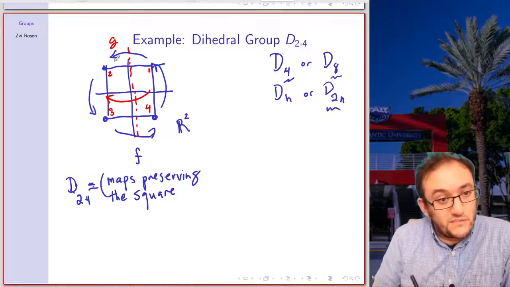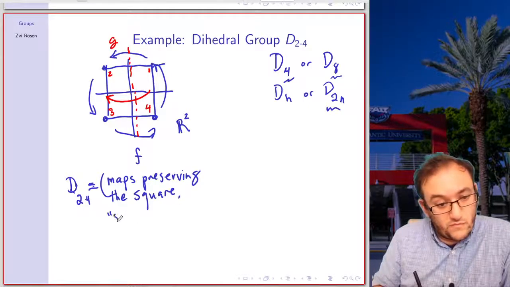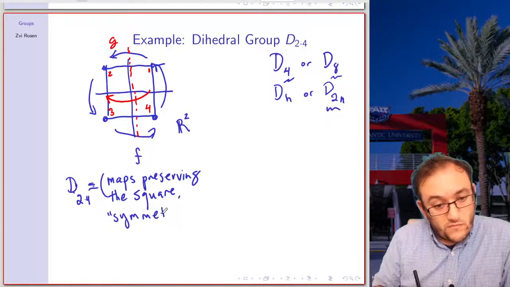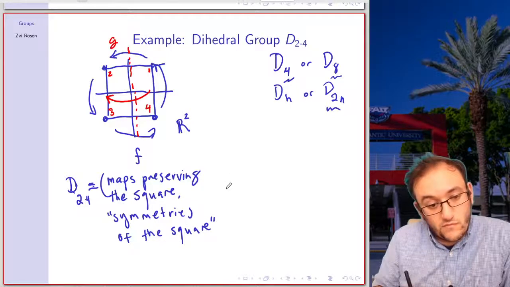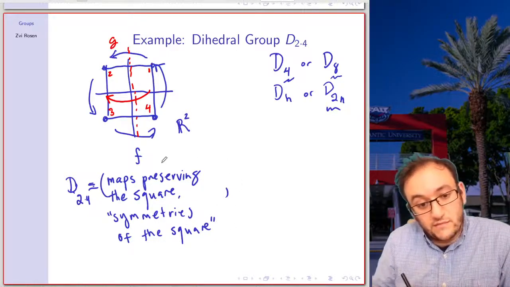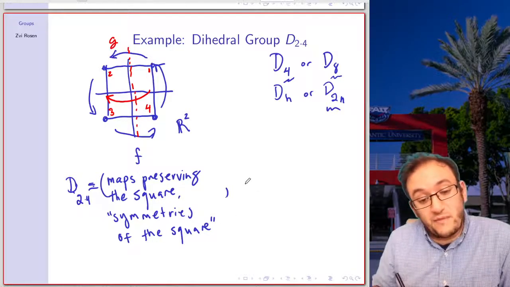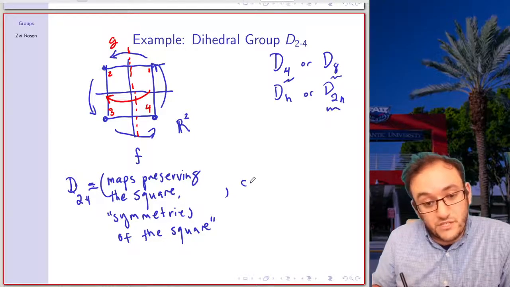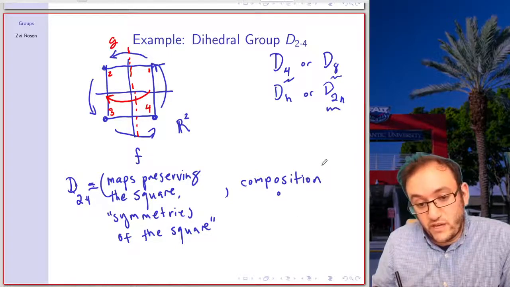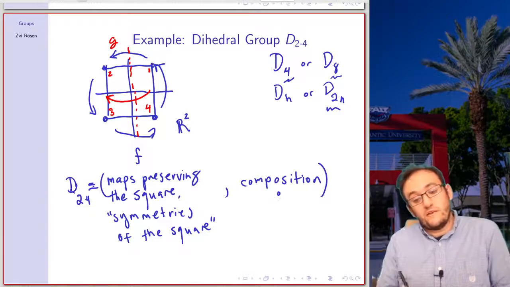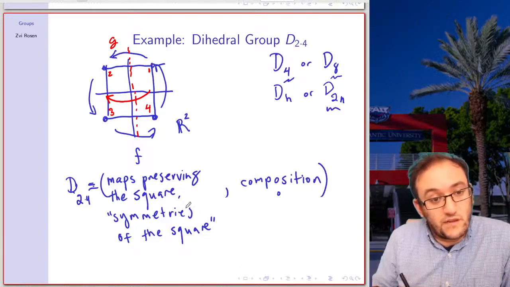These are also called symmetries of the square. And the operation on these maps, the binary operation, will be composition. So it will be denoted by a little circle between maps.